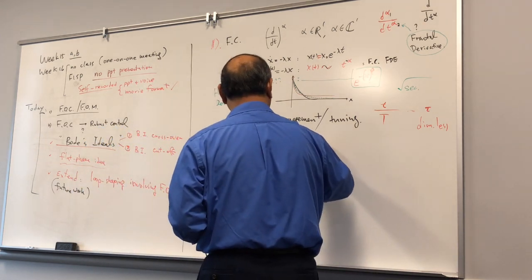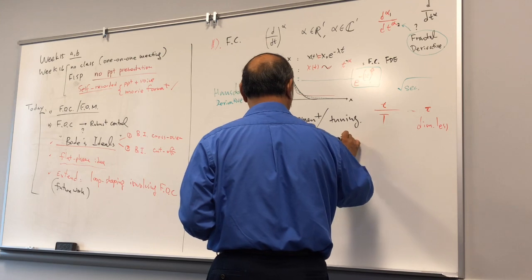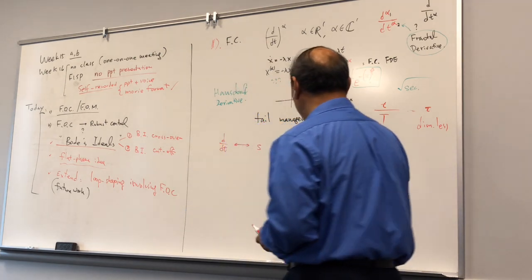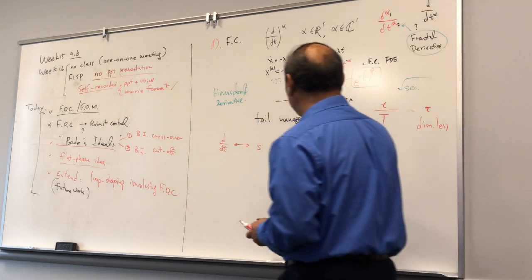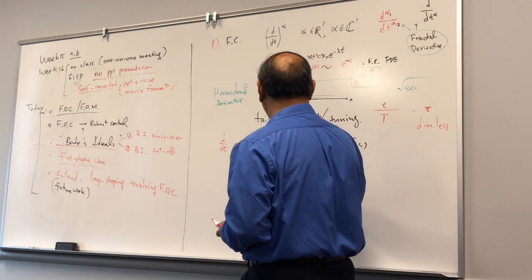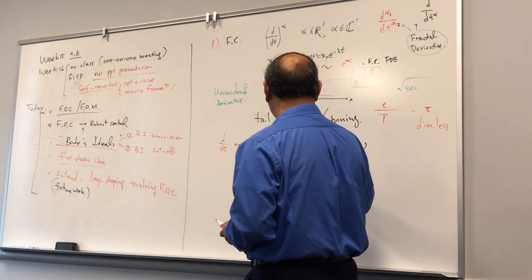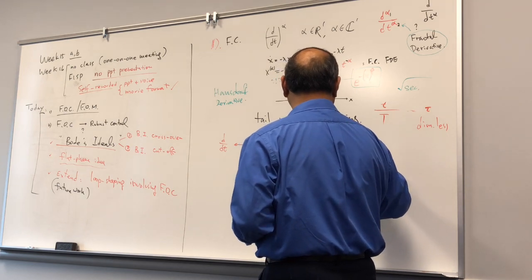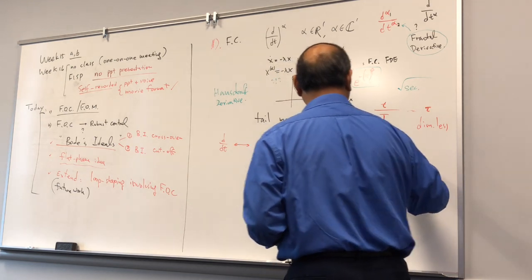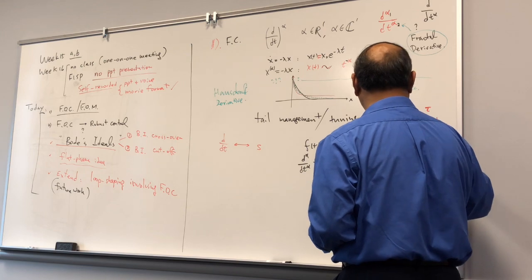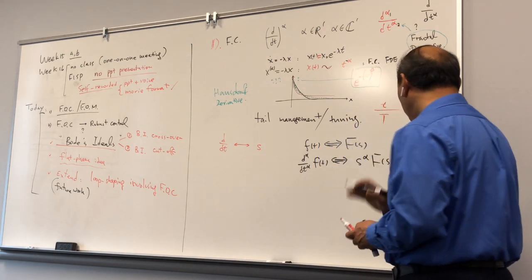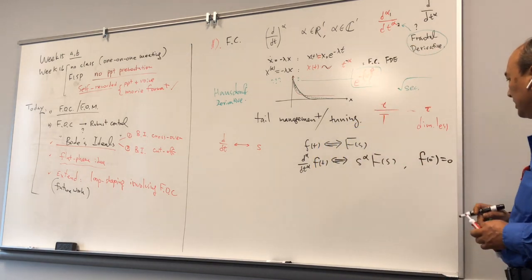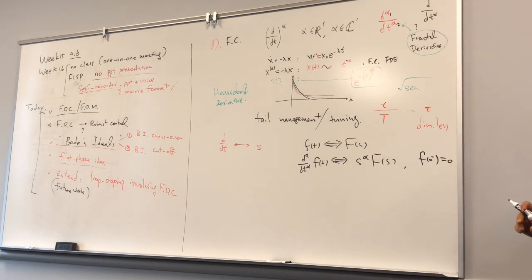So you have f of t, then you have F of s as a Laplace transformation pair. Then you should know that the fractional derivative of f of t gives you s to the power of alpha times F of s. Of course, we assume that all initial values are 0. Okay, initial values are 0.